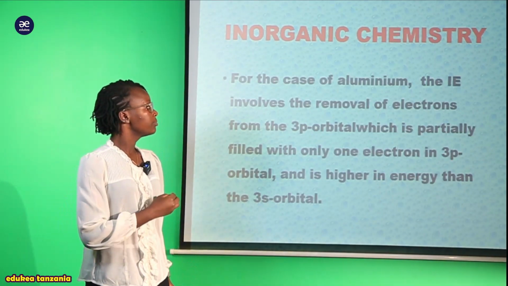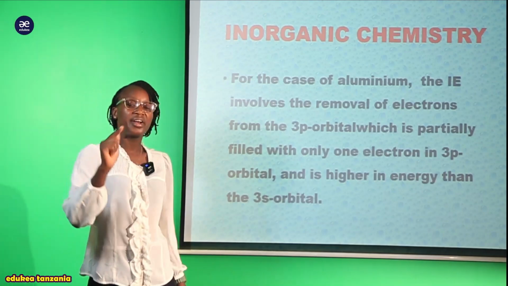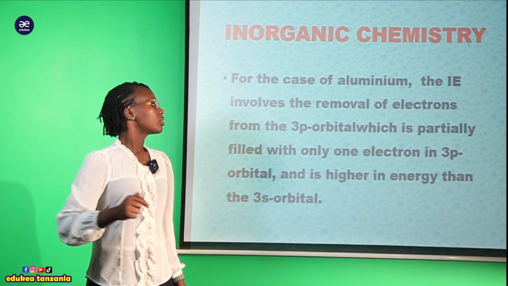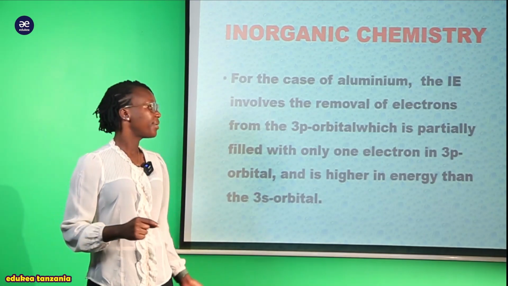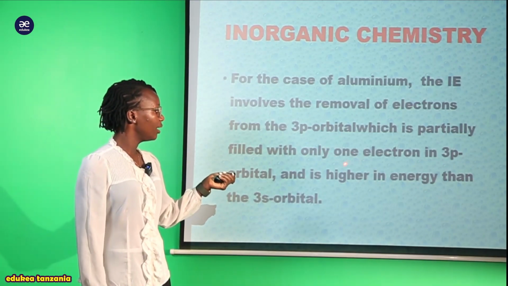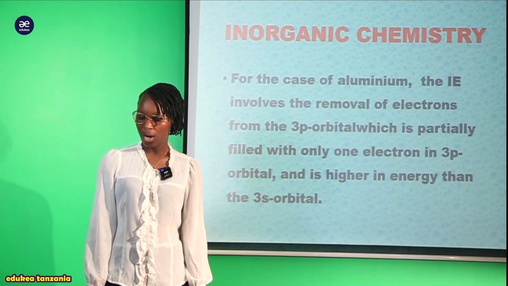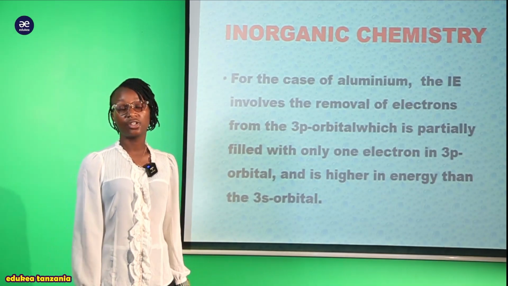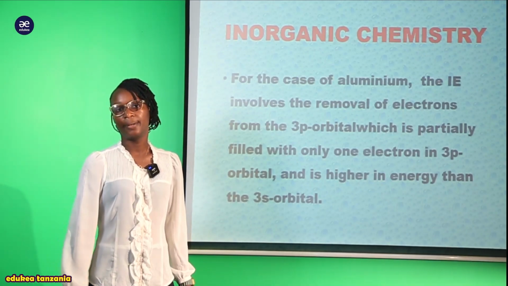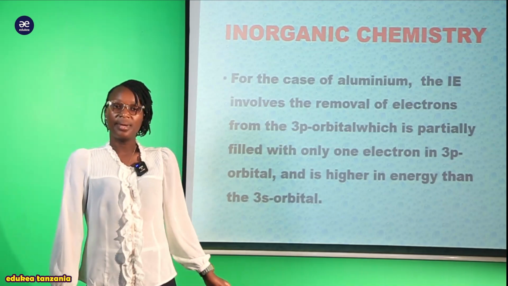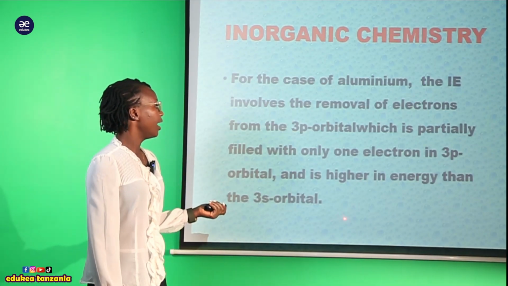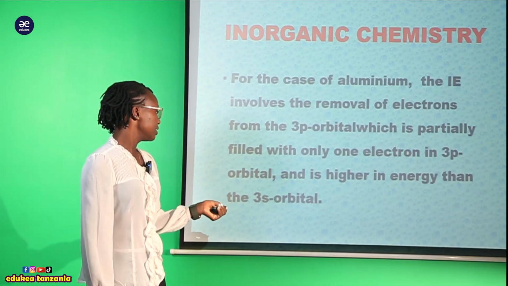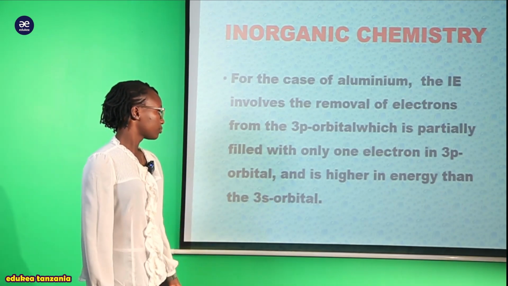Sasa tunapomzungumzia aluminium utakuja kuona kwamba kwenye 3p yake kuna hizo partial filled, partially filled with only one electron in the 3p. Kwamba utaona kwamba kwenye 3p pale kuna electron moja tu ambayo imekuwa filled pale. So haijaattain ile stability ya half filled or full filled. Therefore, it is higher in energy than the 3s orbital.